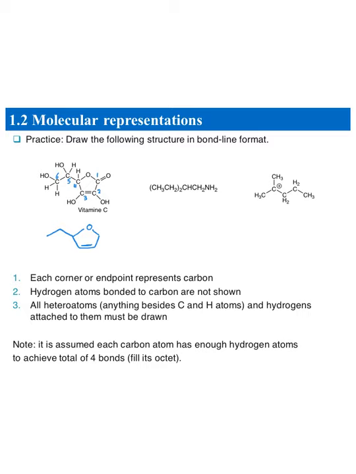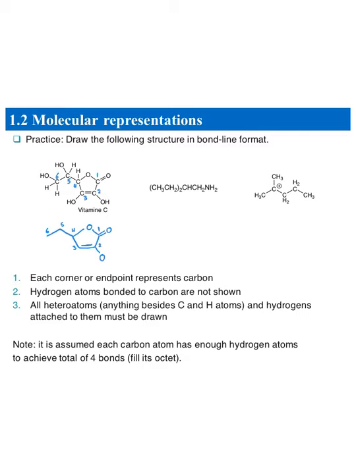Now, to carbon number 1, we have a double bonded oxygen. And if you remember, in the bond line structure, we draw all the heteroatoms. This is carbon number 1, carbon number 2, number 3, 4, 5, and 6. Carbon number 2 is attached to an oxygen, and that oxygen is also attached to a hydrogen.